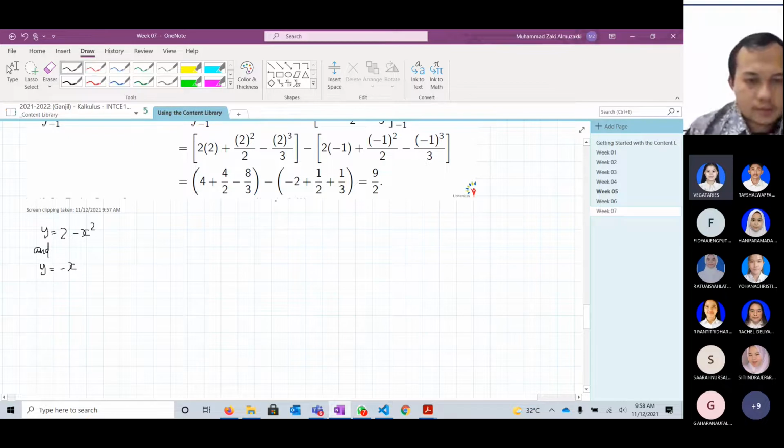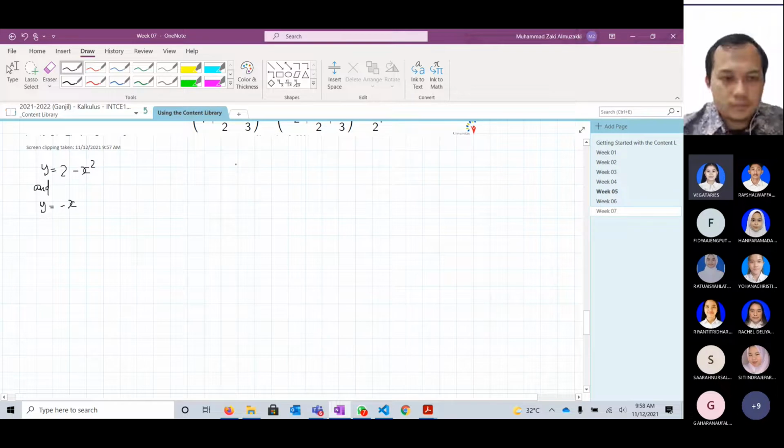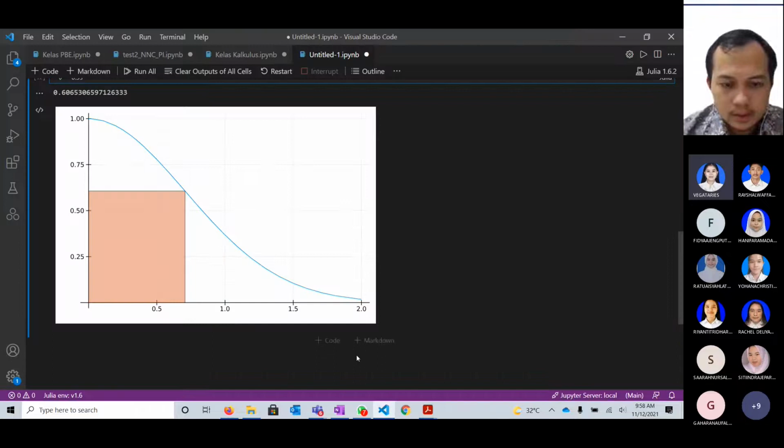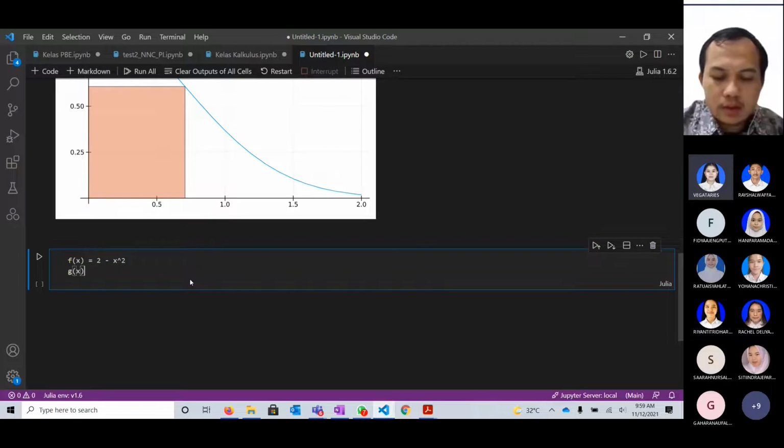So if we draw it, we just draw it here. f of x is 2 minus x squared and g of x is minus x, yeah.